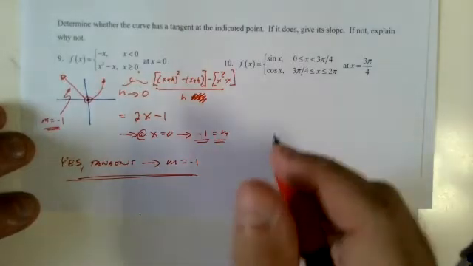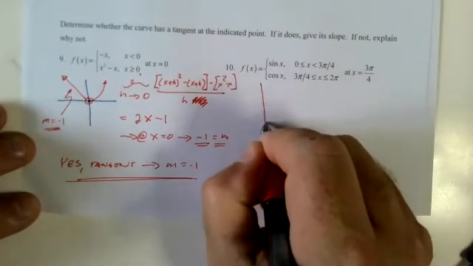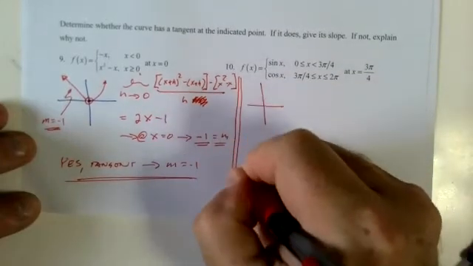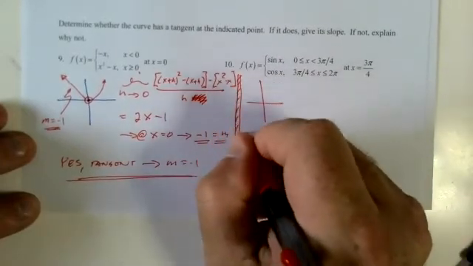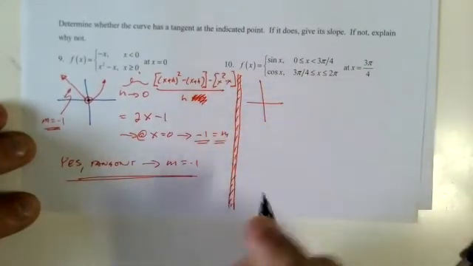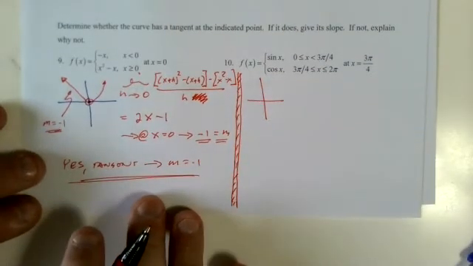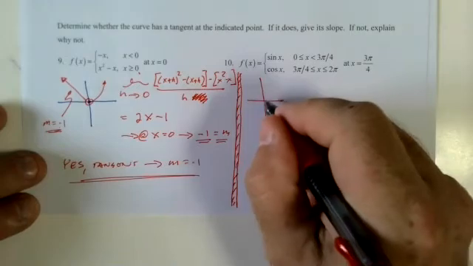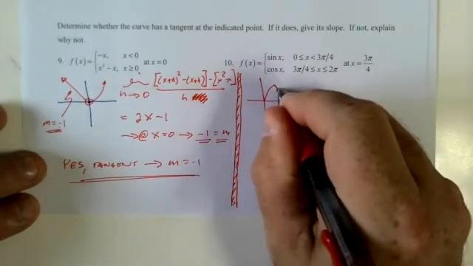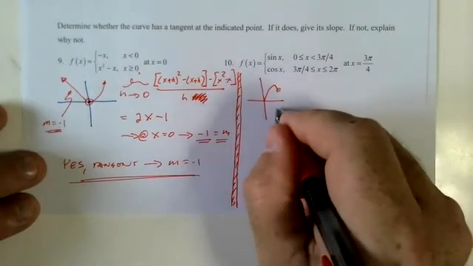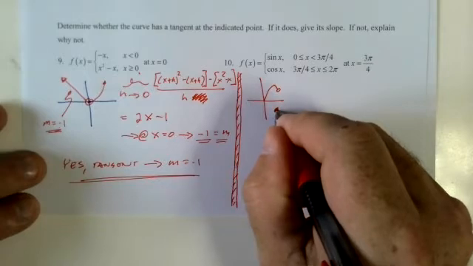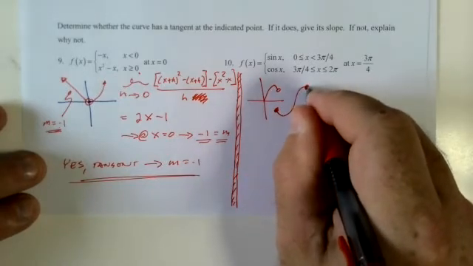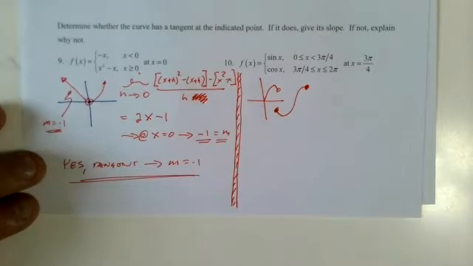Wow, that was a lot of work. Sine of x, 2 sine of x, something like that. Add 3 pi over 4.